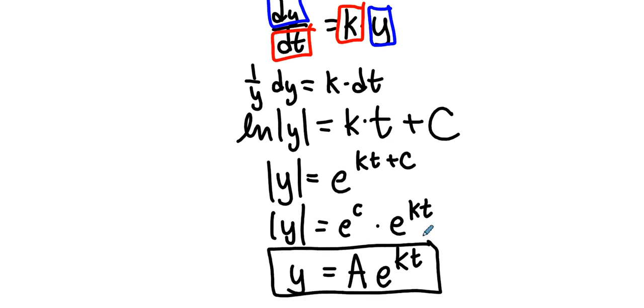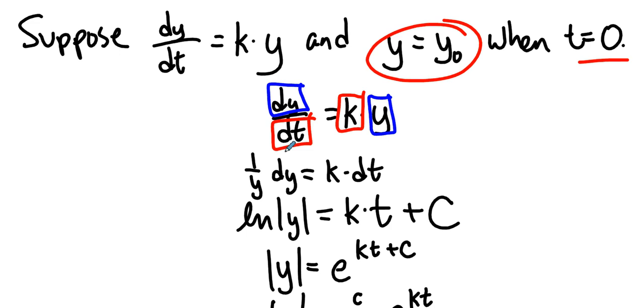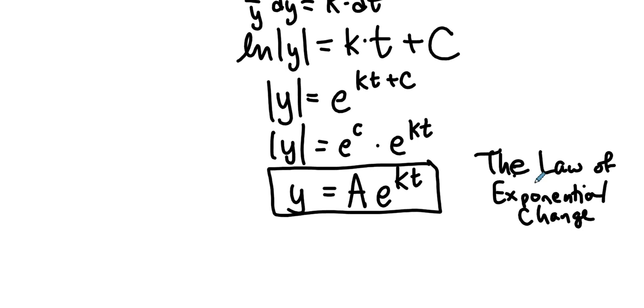Because a can be any real number, this is what lots of people refer to as the law of exponential change. Truth be told, the law of exponential change is really this differential equation, but this differential equation always ends up looking something like this.